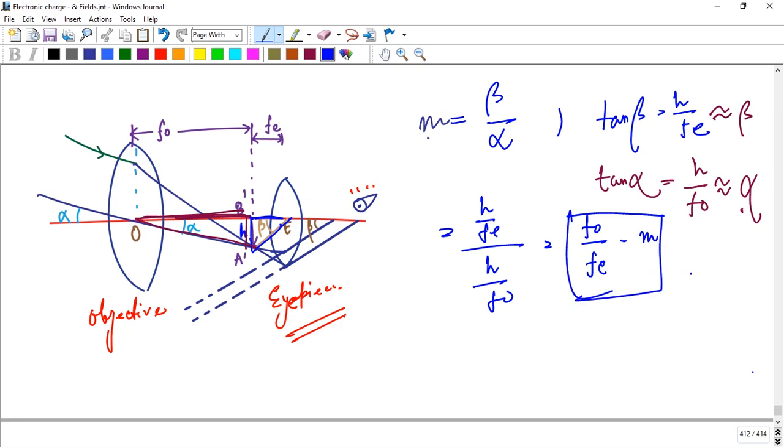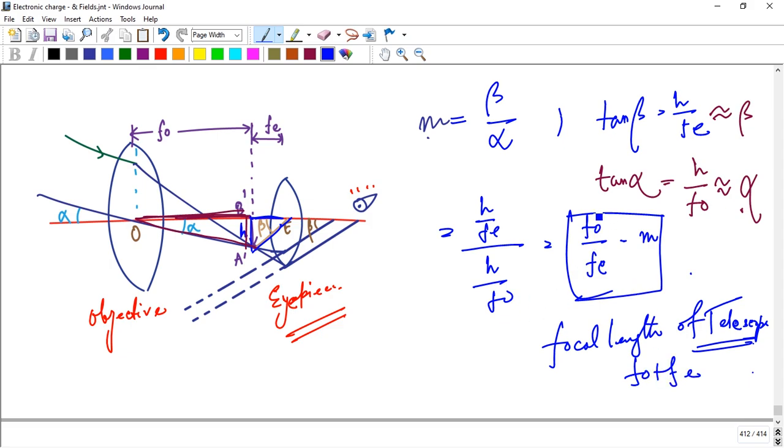The focal length of the telescope is f naught plus fe, and the magnification is f naught by fe.